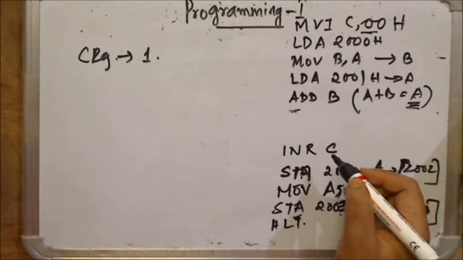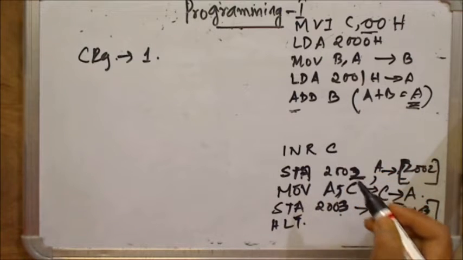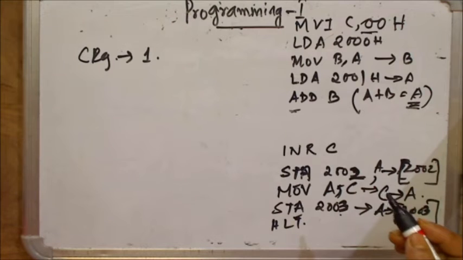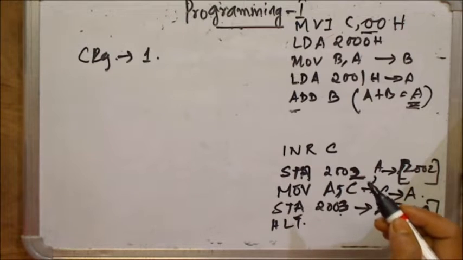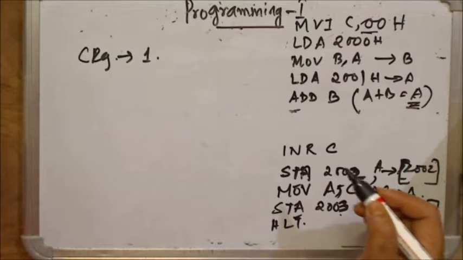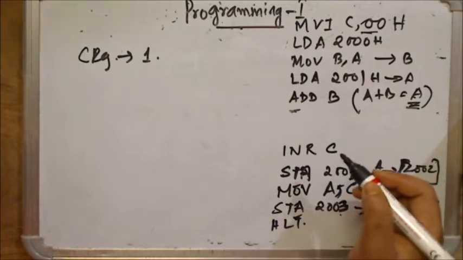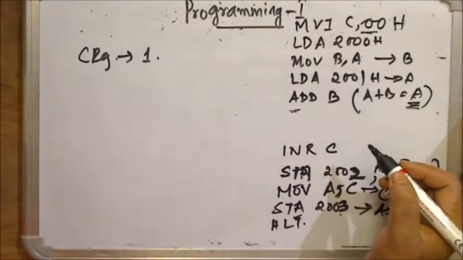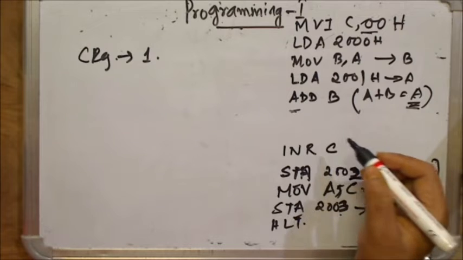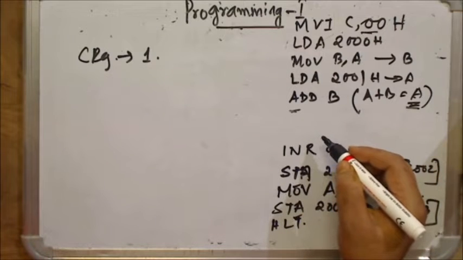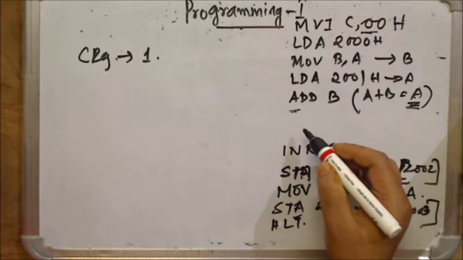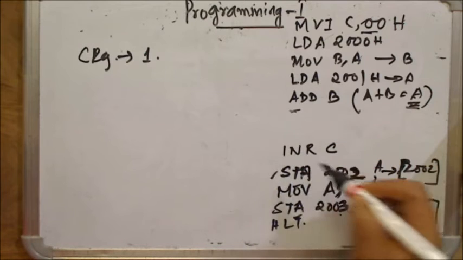If there is no carry, I should not do this. So I have to put a condition. Here I have to take a decision. If there is a carry, I should INR C and continue. And if there is no carry, I should jump to STA 2002.